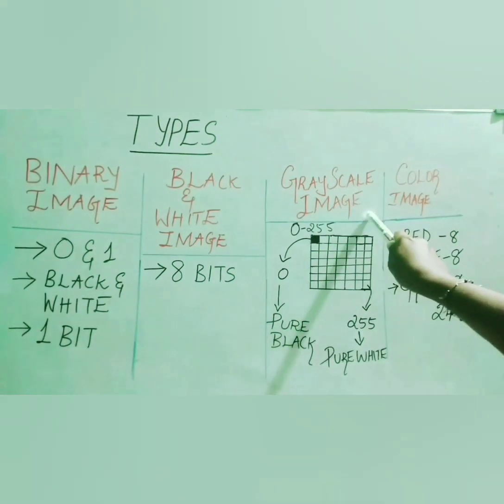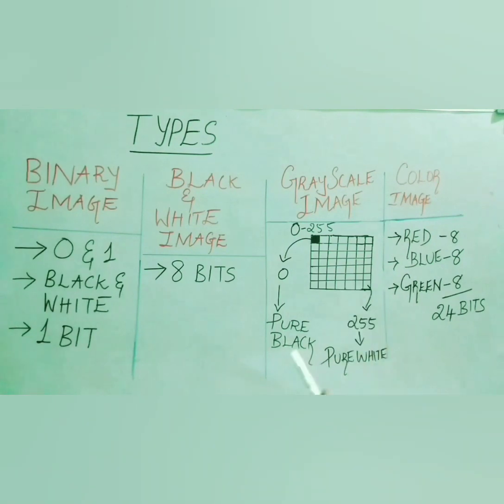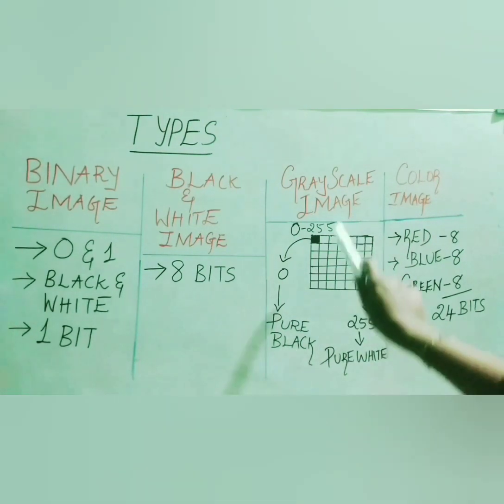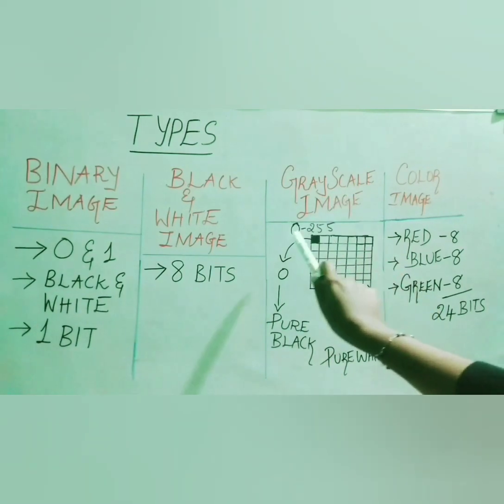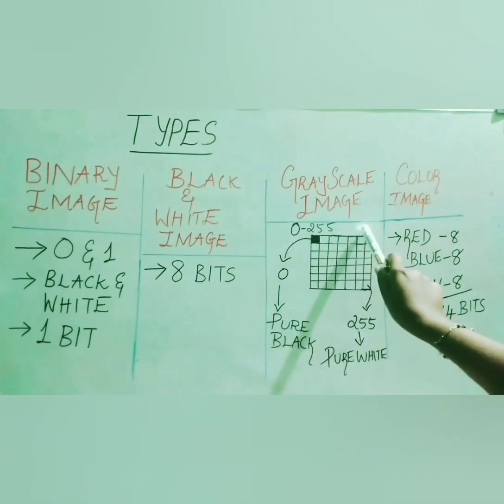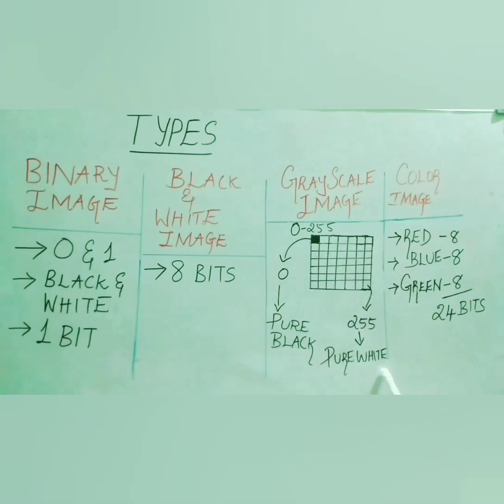Next we have grayscale image. This grayscale image comprises different shades of black and white, and the shade varies from 0 to 255. 0 stands for pure black and 255 stands for pure white. In between 0 to 255 we have grayscale.